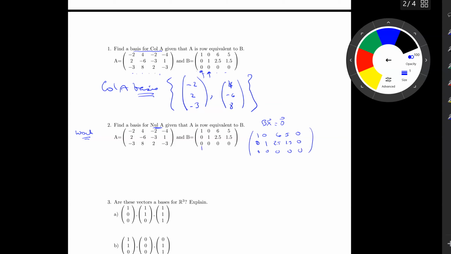Because there are 4 columns, I know there are 4 variables. This first row gives me x1 plus 6x3 plus 5x4 equals 0. The second row says x2 plus 2.5x3 plus 1.5x4 equals 0.